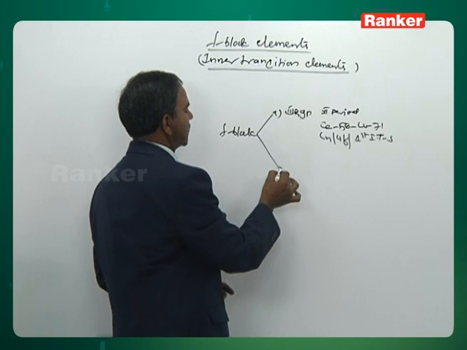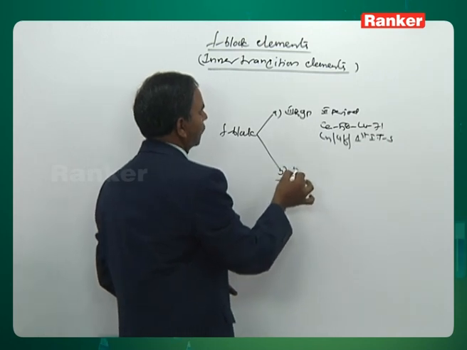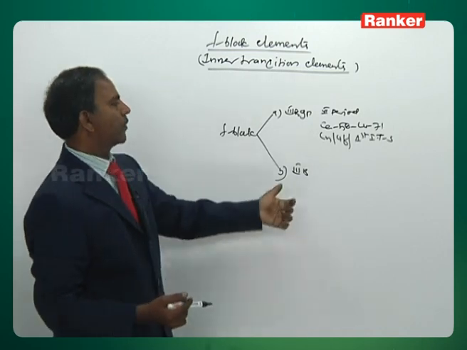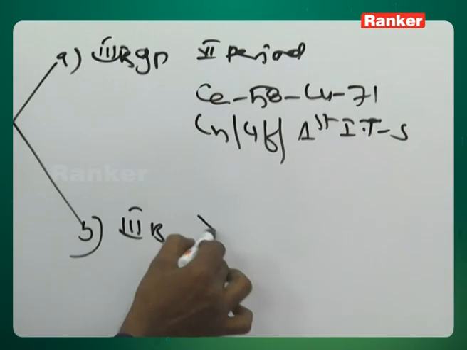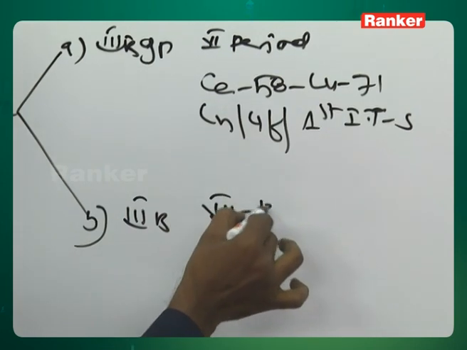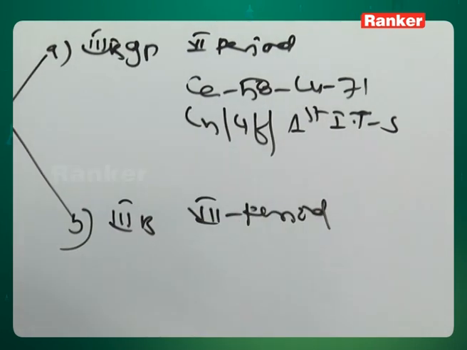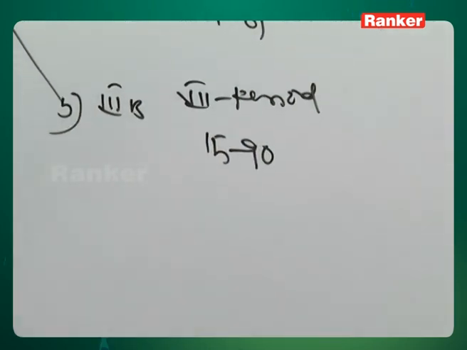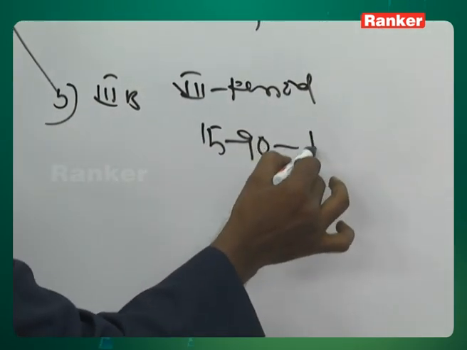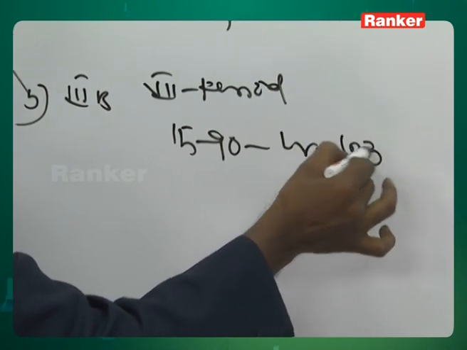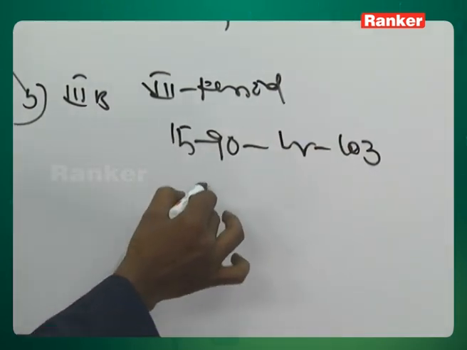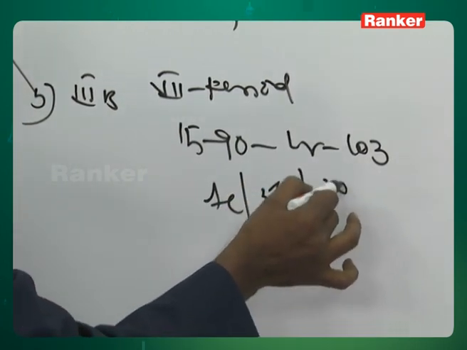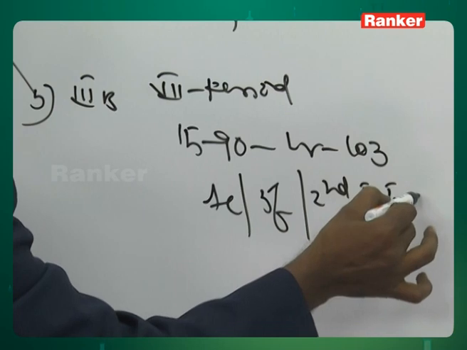Next, coming to the second series, the 14 elements of third B group, actinides also belonging to third B group, in the seventh period, starting from thorium 90 to lawrencium 103. These elements are known as actinides, or the 5f series, or second inner transition series.